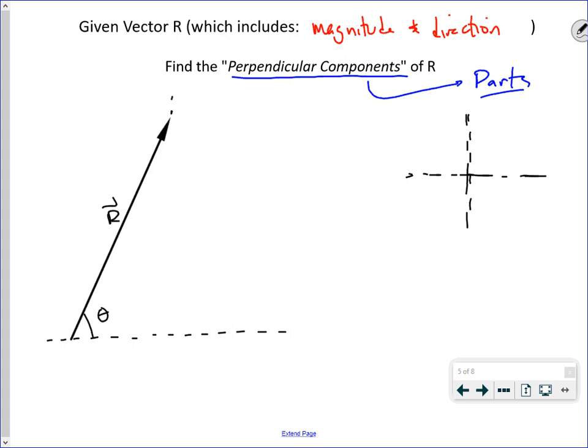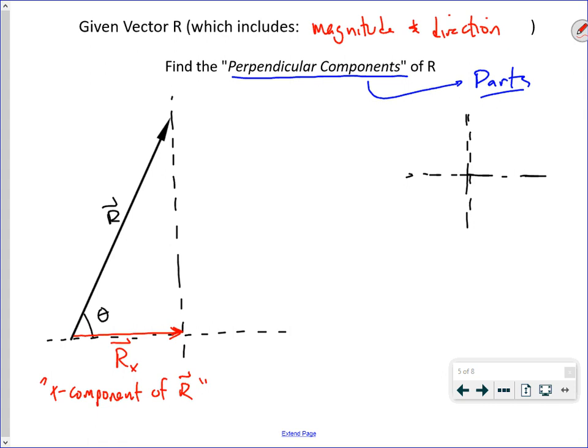Well, it points out to there. And so I would draw this as what I call Rx. So horizontal, we call this maybe the x component of R.